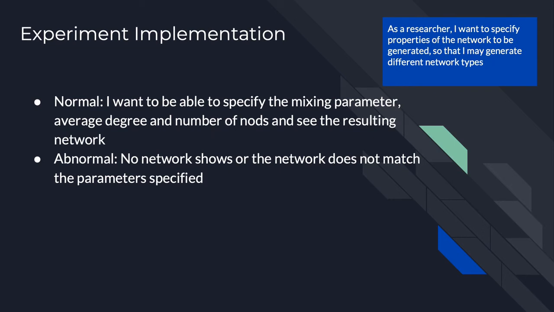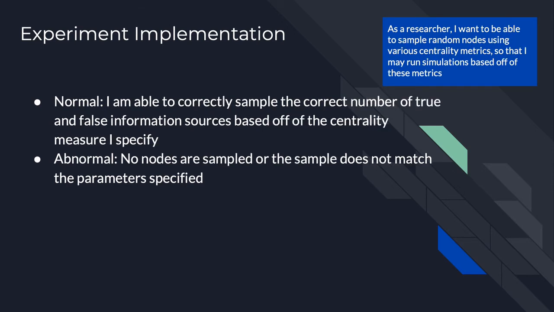If you are unable to generate a network matching your specified parameters, or you don't see a network at all, then that is a failure. Also if you're unable to sample the nodes, or the sample doesn't match your parameters.